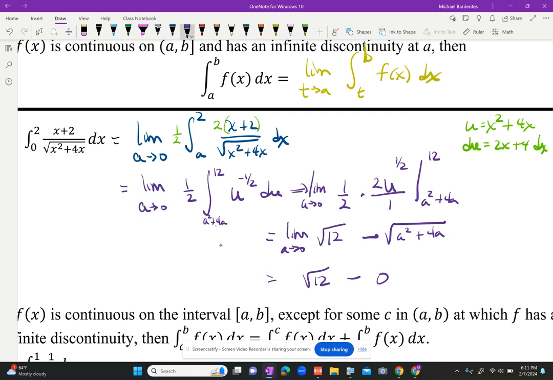But if I substitute 0 in here and 0 in here, that whole thing goes to 0, so I have the square root of 0, which is 0, and therefore my final answer is this. This is a convergent improper integral. And that is how we attack improper integrals, by rewriting them using a limit in order to evaluate them.